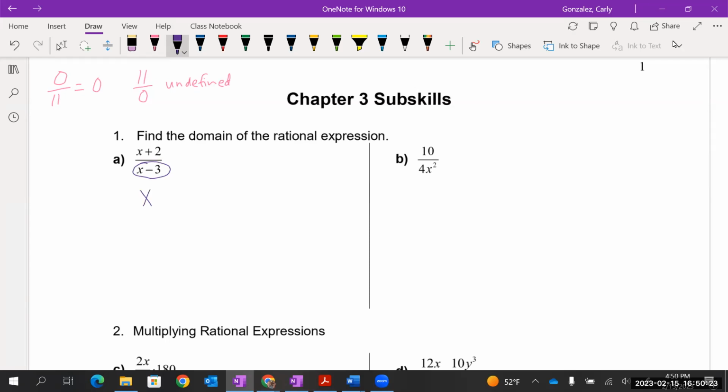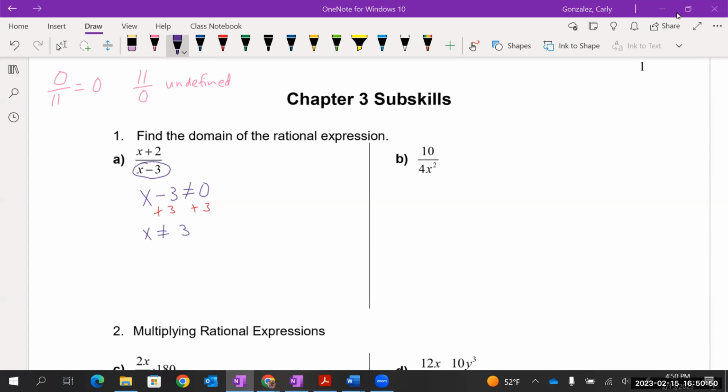And we just want to make sure that x minus 3 does not equal 0. So to solve this, we will add 3 to both sides, just like we would do if it were an regular equation. And we get that x cannot equal 3.